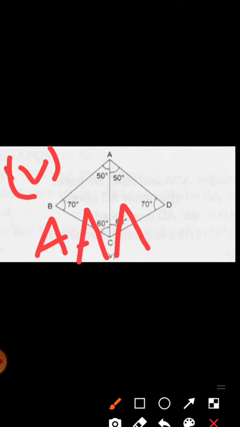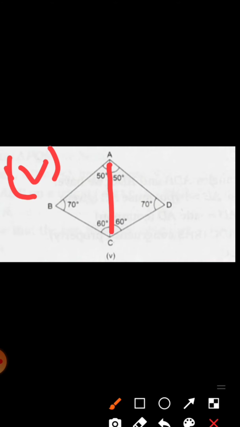So what can we do? We need at least one side. We can see this side AC is of triangle ABC and also of triangle ADC. This is the common side of both the triangles. This angle is equal to this one and this angle is equal to this one.